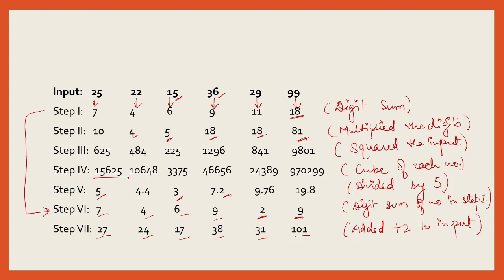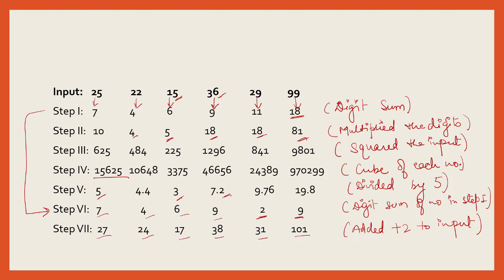So in this question we have seen we have used a lot of mathematical operations like adding the digits or multiplying the digits in a particular number, squaring, cubing, division, addition. So each step has involved some mathematical operation, and which one has been used, you have to figure out based on your observation.